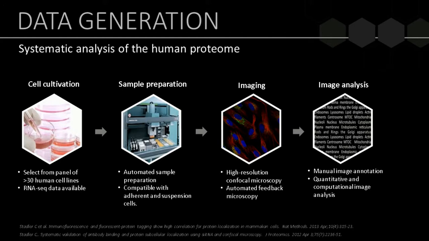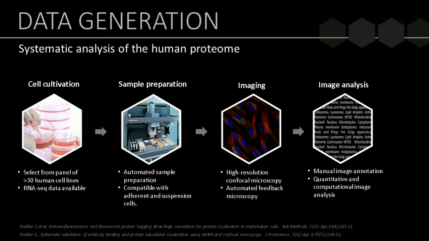So we pick highly expressing cell lines for every protein. And then we do immunostaining using pipetting robotics, and then we do imaging, high-resolution confocal microscopy. And finally, we analyze the images, we classify the patterns manually, and we also do a computational image analysis.